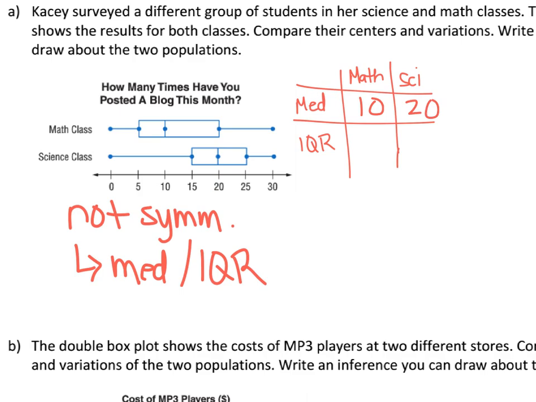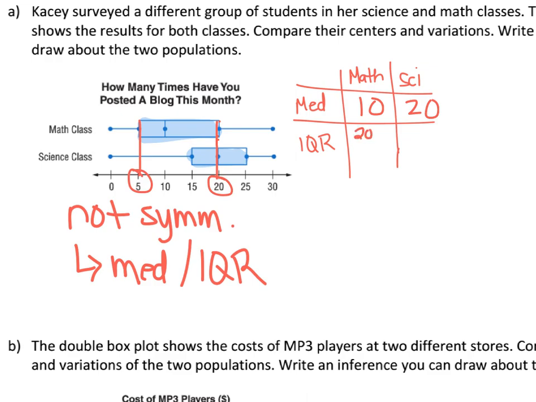Interquartile range is concerned with the inside of the box, the range within the box. To find that, we take our third and first quartile and subtract them. Meaning, for math, if we drag this down, we have 20, and we drag this side down, we have 5.